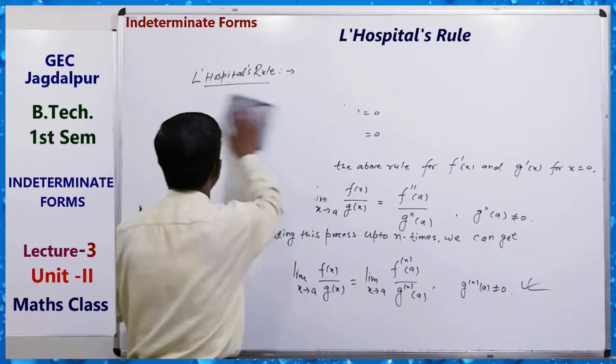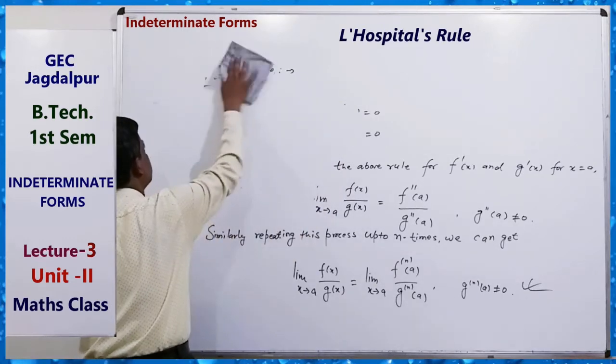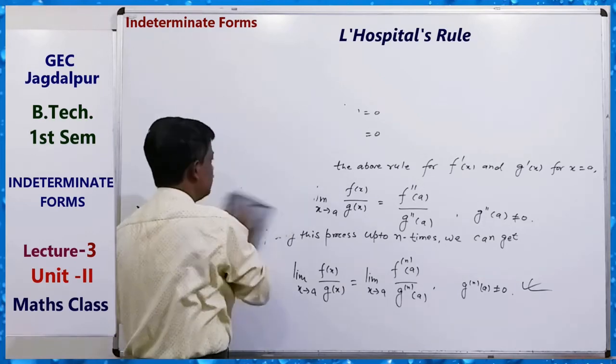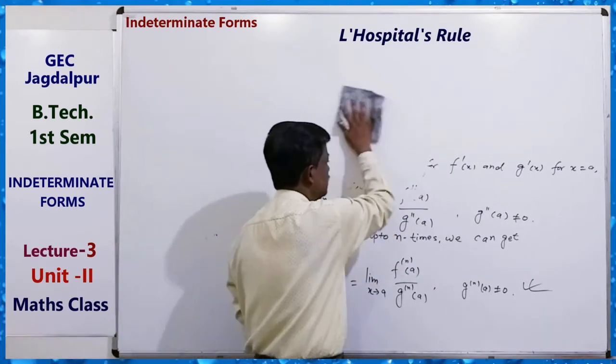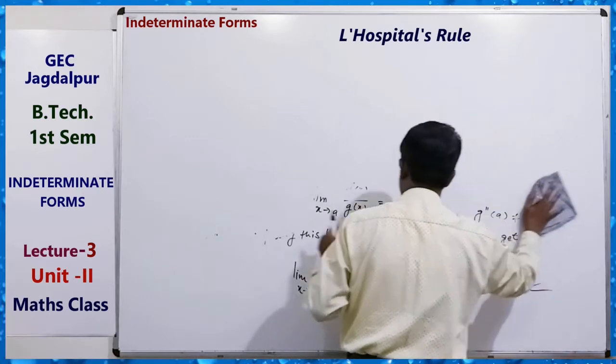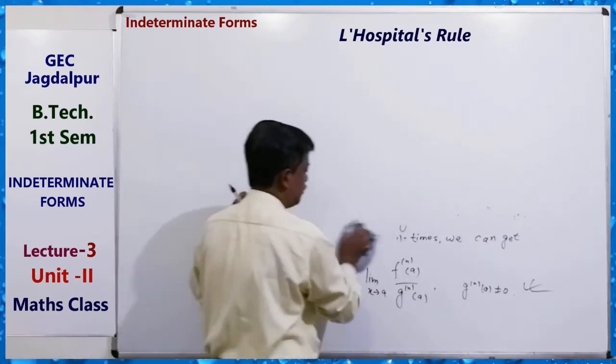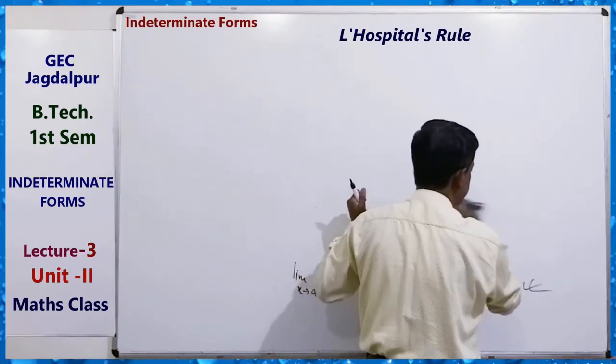All the questions are for evaluating the indeterminate form. Okay. So here the indeterminate forms are 0 by 0, infinity by infinity, and other forms also.